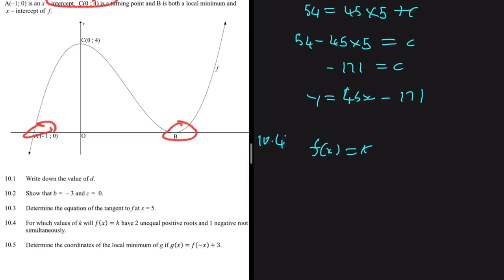If you shift your graph slightly down, then here we're going to have 2 positive roots, and then here we are still going to have our negative root, right? So if we just shift our graph slightly down, right, then we are good to go.